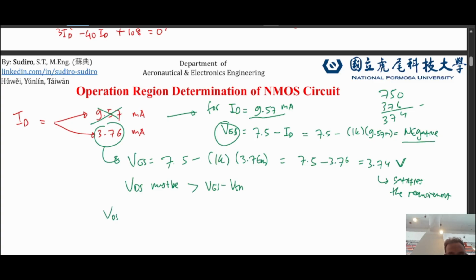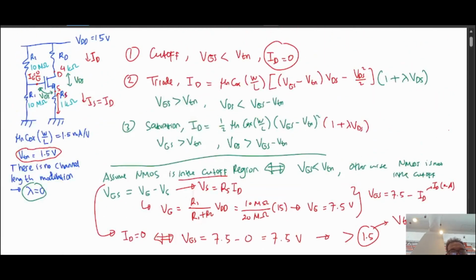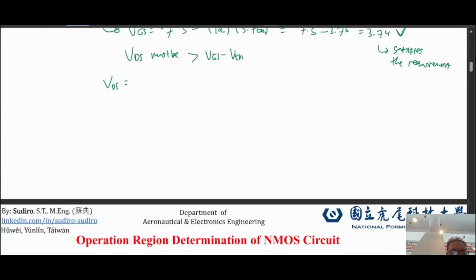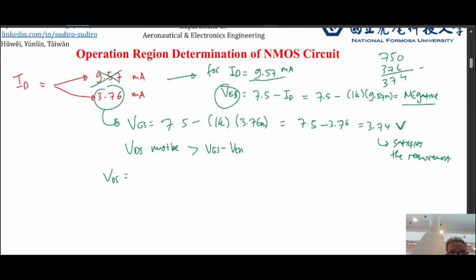VDS is the voltage across the drain and source, so we can write VDS as VDD minus RD ID minus RS ID, which is equal to 15 minus 4K ID minus 1K ID.